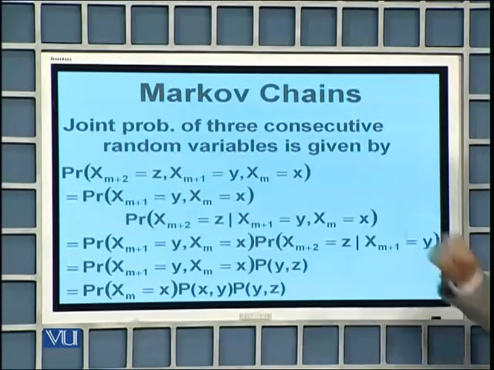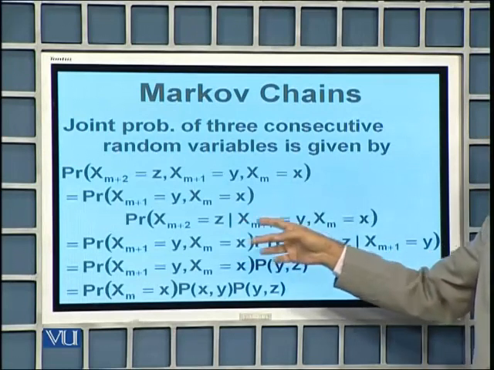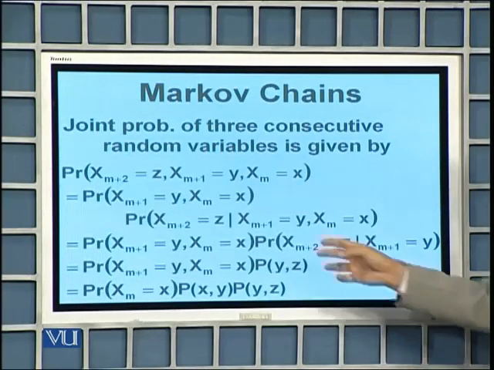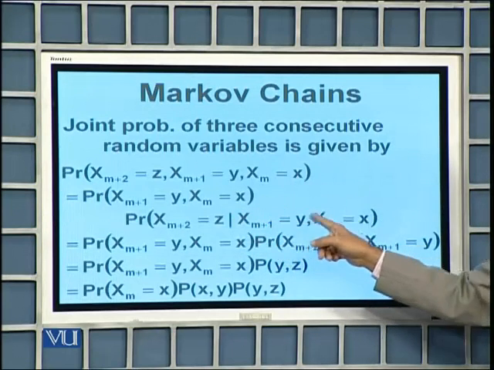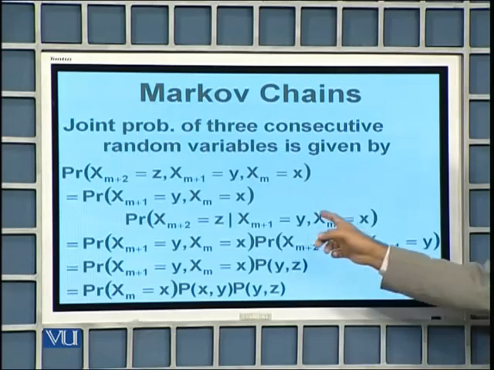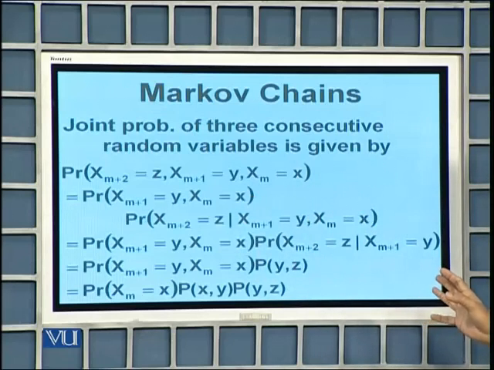But since this is a Markov chain, conditional probabilities are only affected by the value of the immediately preceding random variable. For this conditioning event which involves xm plus 1 and xm, the value of xm does not play any role. If we know the value of xm plus 1, that is y, that's all we need to know.